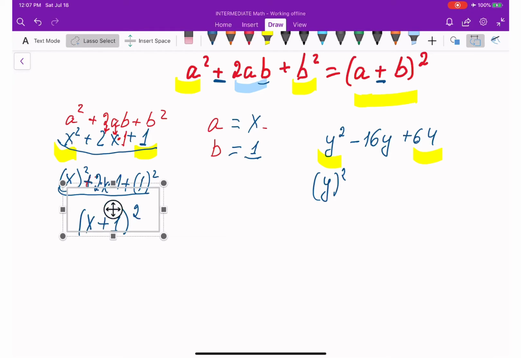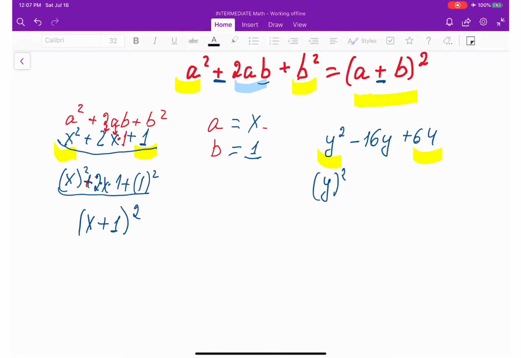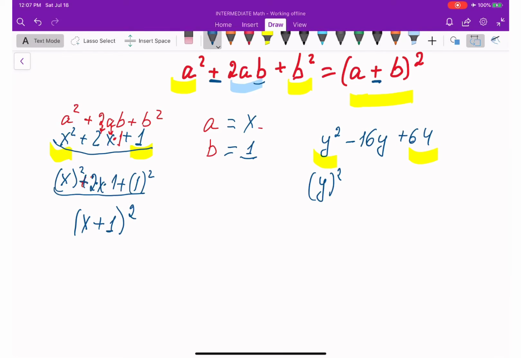What happened to this one? Okay, y squared, yes, it has a square of y. 64 is a square of 8, right? 8 to power 2. So let's see, here in the middle, I need to get 2ab, right?